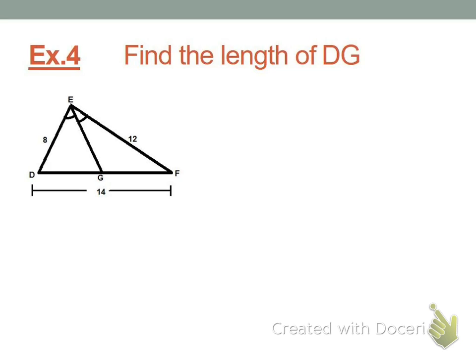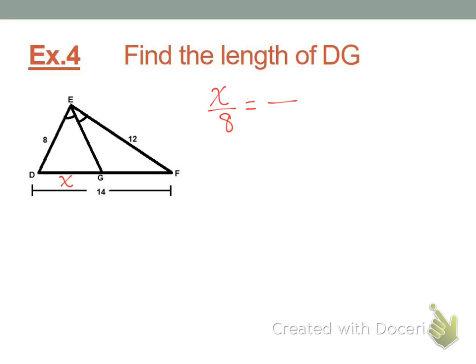Find the length of DG. Okay, if we don't know something, we usually assign it a variable like x, so we could put an x by DG. So we could start setting this up. We could compare x to that 8, the side next to it. But when we go to set up our other ratio, we run into a little bit of an issue because they didn't tell us this other piece GF.